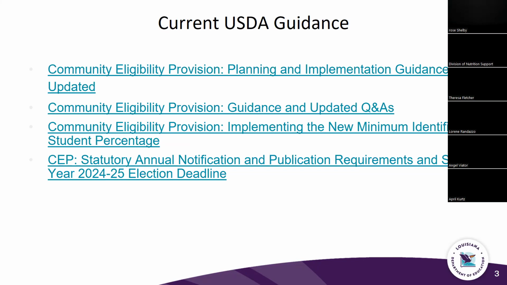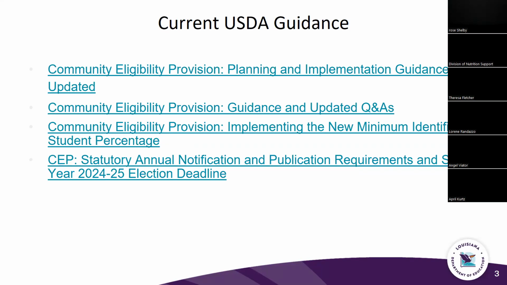It has anything that's changed highlighted, so if you're not able to print out all 64 pages, you can print out those highlighted pages. Community Eligibility Provision Guidance and Updated Q&As was also released in February 2024.